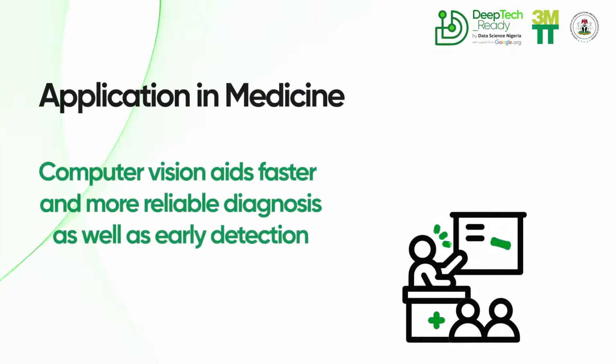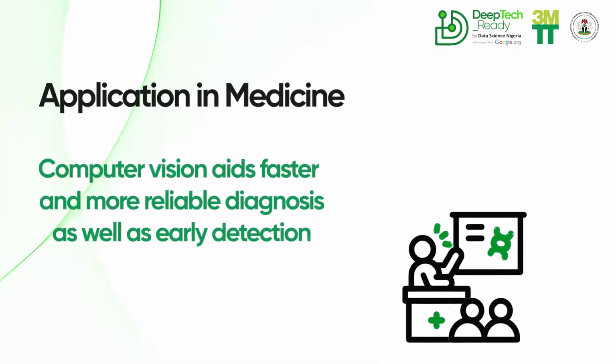With computer vision in medicine, it is very easy to detect early appearances of some disease in the body that the doctor might not have seen or captured early enough. There could also be forecasts, proper diagnosis, and faster inferencing with respect to what the medical condition of a patient could look like based on the medical reports.